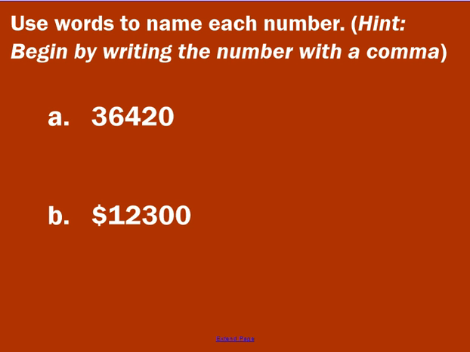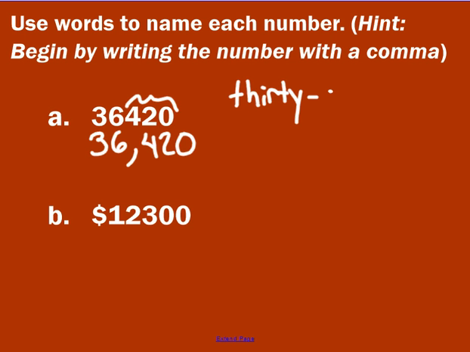Here it says to use words to name each number. Hint, begin by writing the number with a comma. So 36420 should be 36,420 because I have 3 digits and then I write my comma moving from right to left. So then I write up to the comma first, 36, which place value am I talking about?